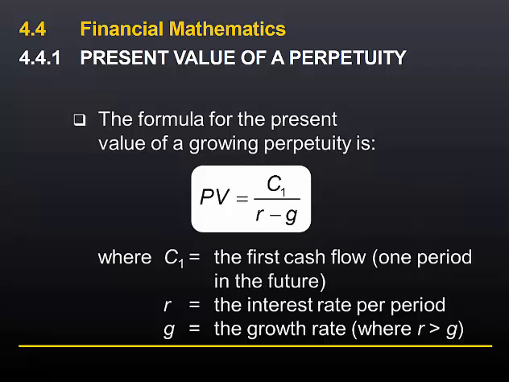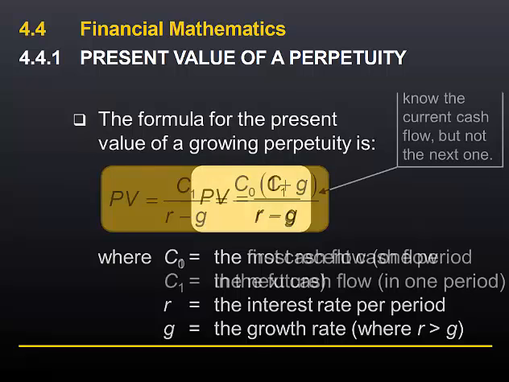Sometimes we don't actually know what C1 is. In some situations, we are given other information and we need to work out what C1 is. The most common example is a share where the dividend is growing at a constant rate, and we know the most recent dividend, which we can call C0. C0 is not part of the future cash flows and doesn't actually get included in the present value, but we can use C0 to calculate C1.